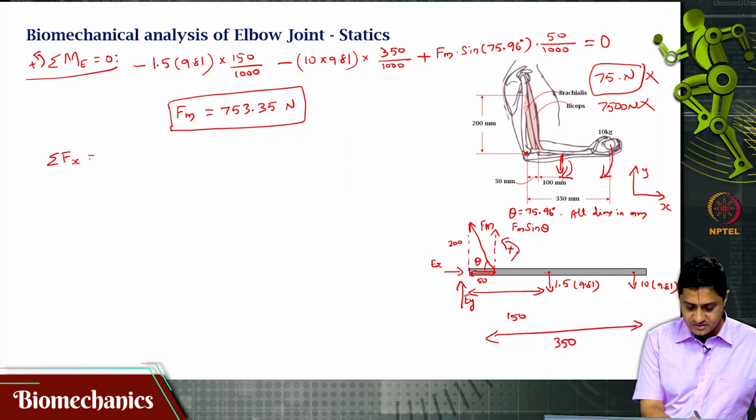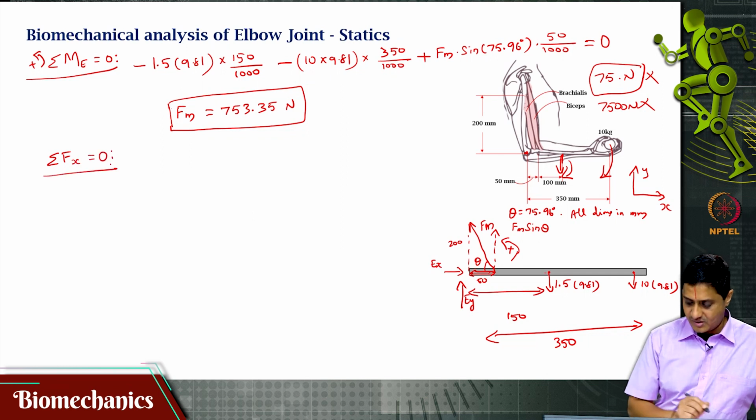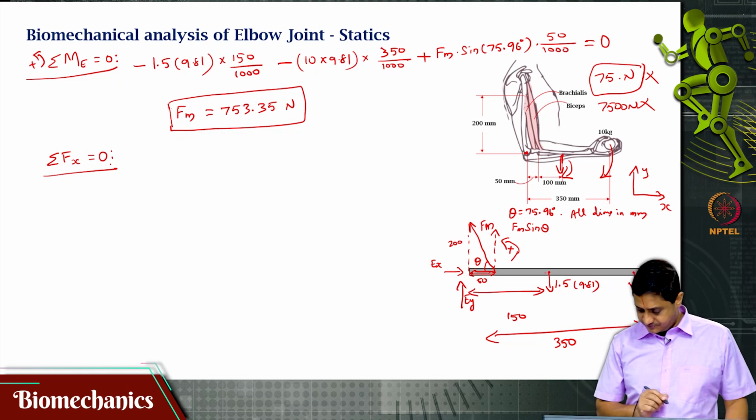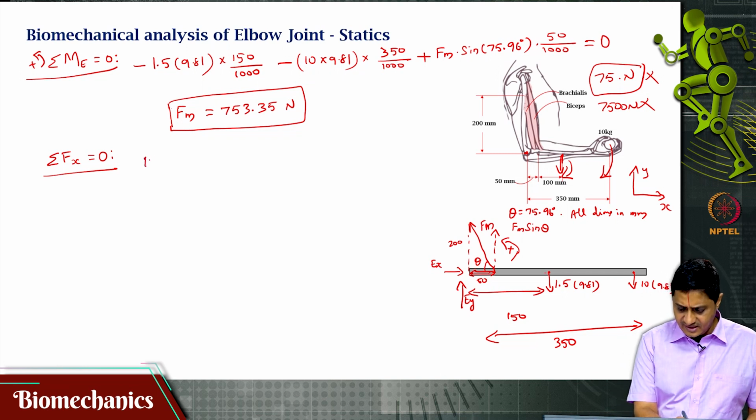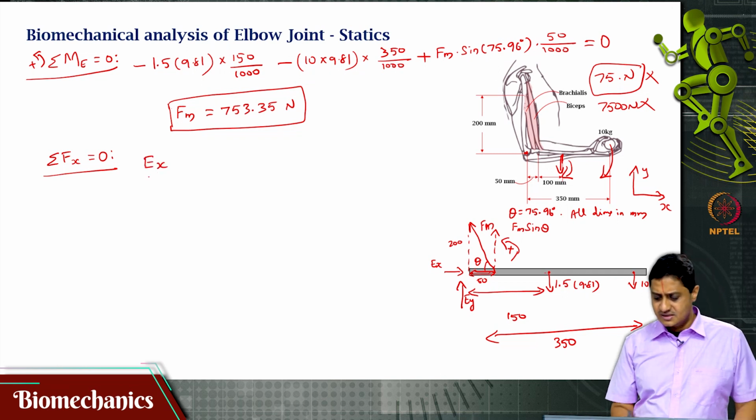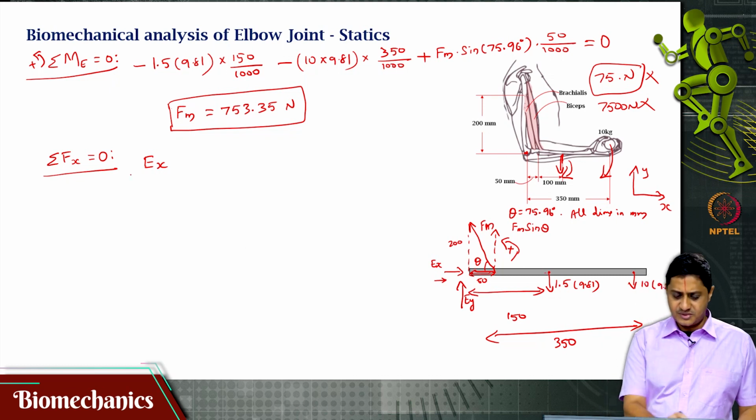Sigma Fx equal to 0 will give me what are the various forces that are acting along the x direction. Well, Ex is along the positive x direction, so plus Ex.